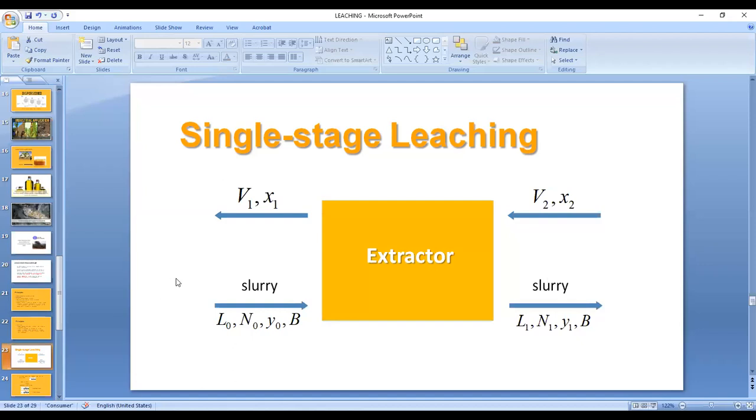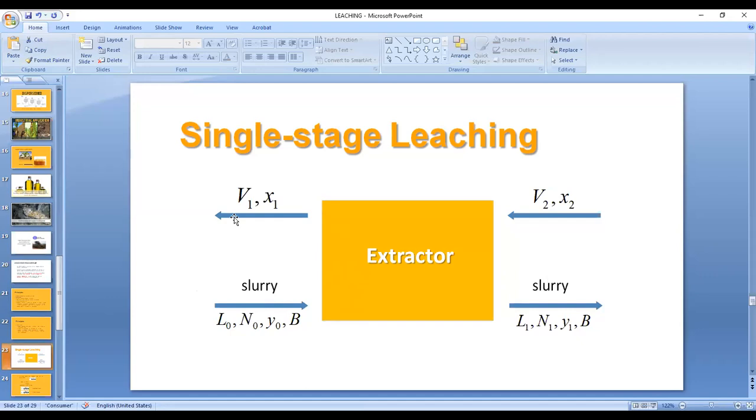But one thing that sets apart leaching from the other unit processes that we have discussed is the representation of the concentration. It has a unique way of presenting the concentration, and this is often where students, even myself sometimes, if I'm just carried on with the process of solving, get confused.